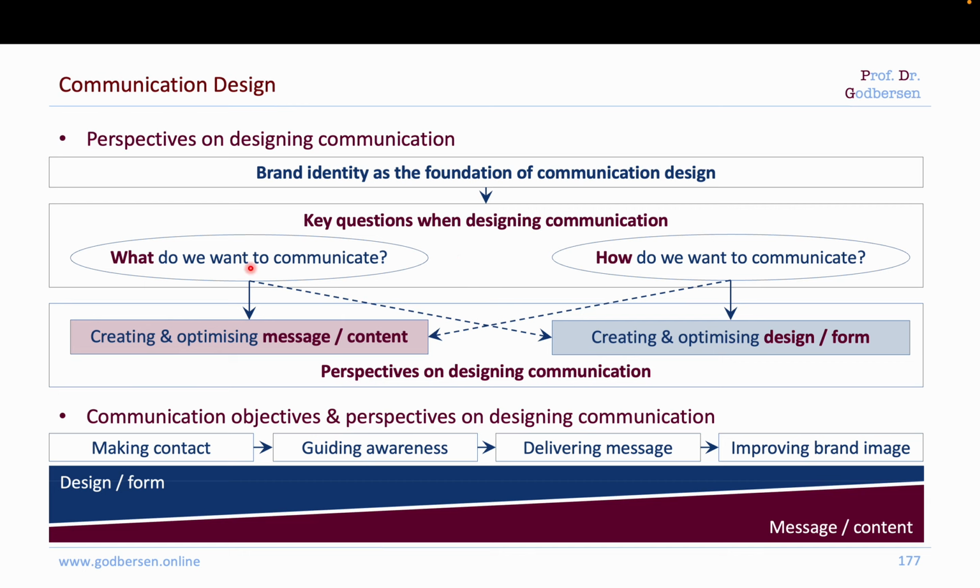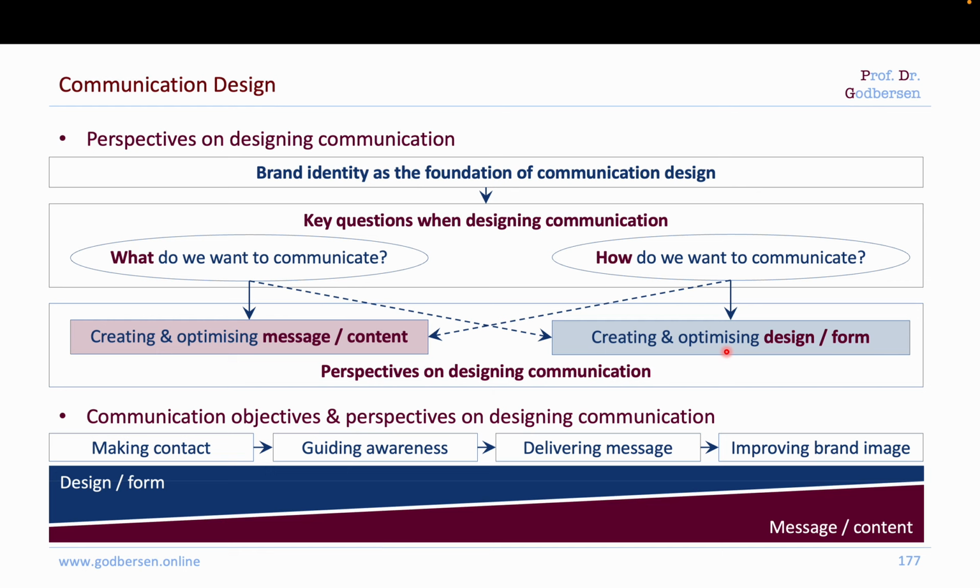What we need to communicate primarily plays into what our message and content are. That is creating and optimizing the message and the content of the advertisement. How we have to communicate, primarily, not entirely exclusively, but primarily leads to how we create and optimize the design, the formal aspect, the form of our advertisement.